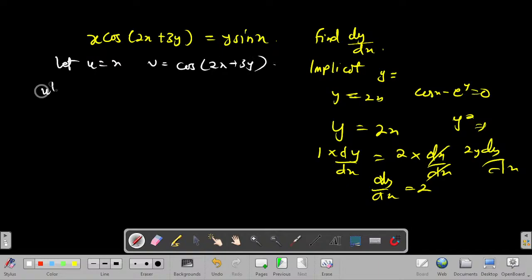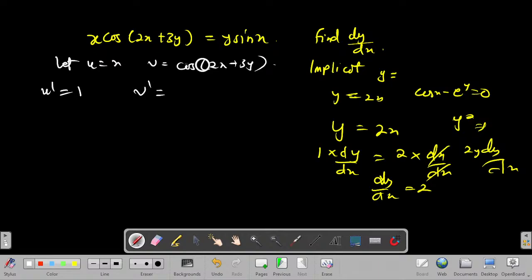Now for u prime, just one. V prime: I want to find the derivative of this, equal to x. The function has another function with a different variable.